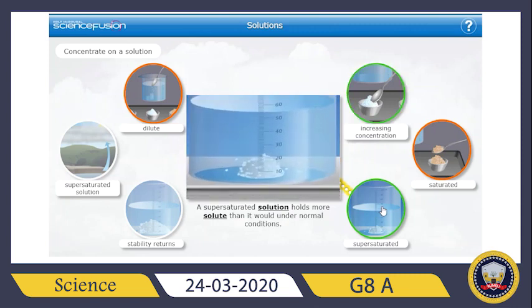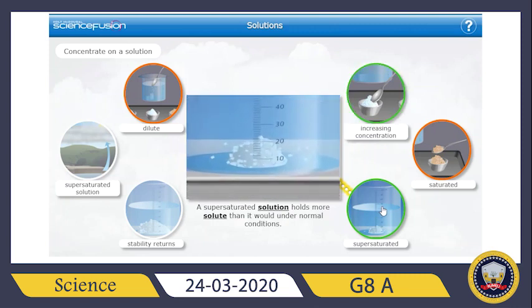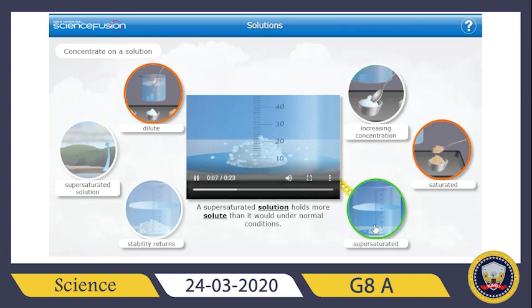If I heat it, I will increase the capacity for dissolution, and I will be able to add more solute, more sugar, for example, and this will change the concentration of this solution. Normally it will not hold that much solute, but because I am forcing it by changing the temperature, it has become supersaturated.